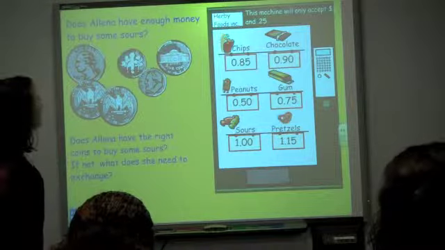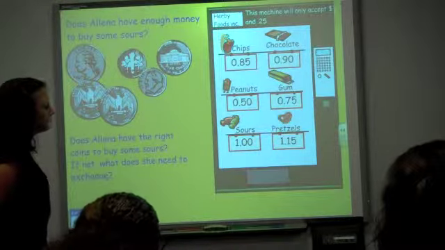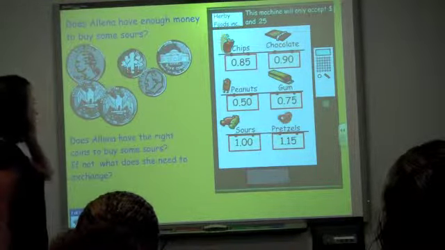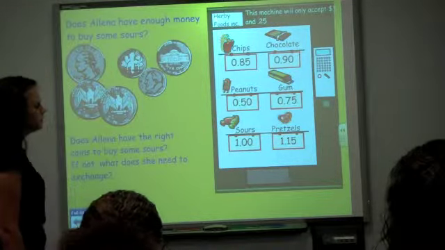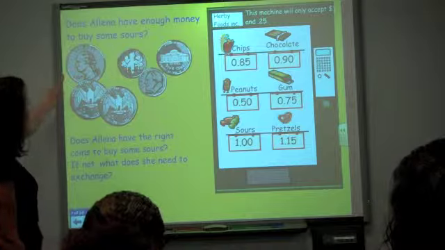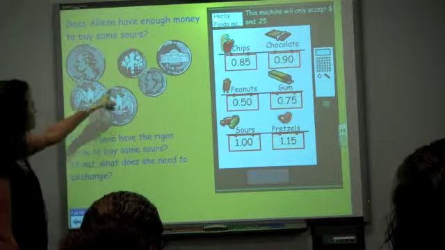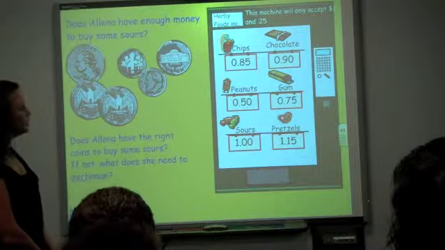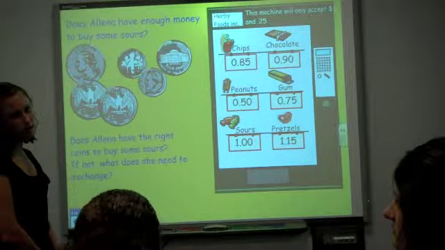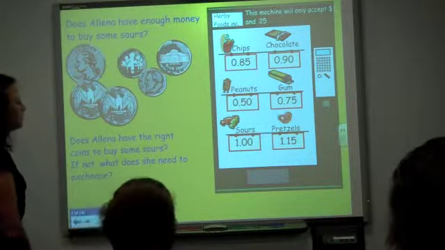Melissa, does Alina have enough money to buy some sours? Once again, first of all, we need to figure out how much money she has and then look to see how much the sours cost. So we have 3 quarters, 2 dimes, and 1 nickel. Can you count that up in your head, or do you need to come add it on the smartboard? We need to add it on the smartboard. Okay, can you come add it?